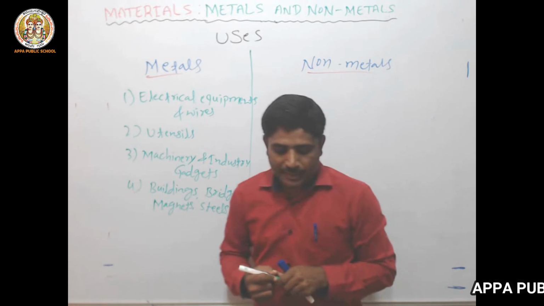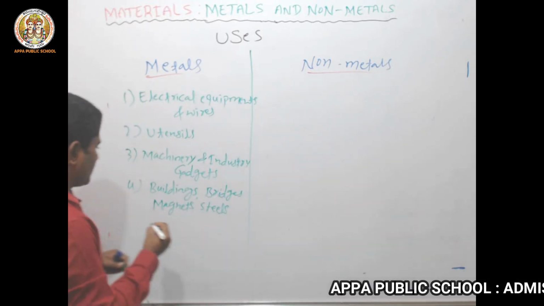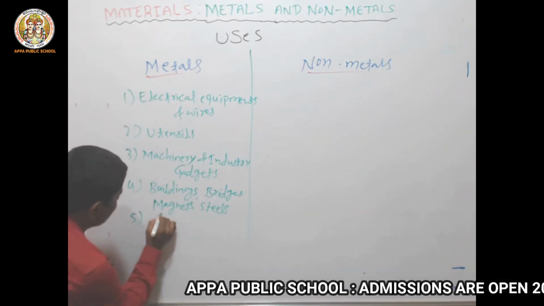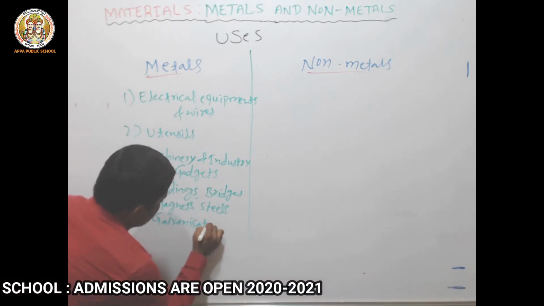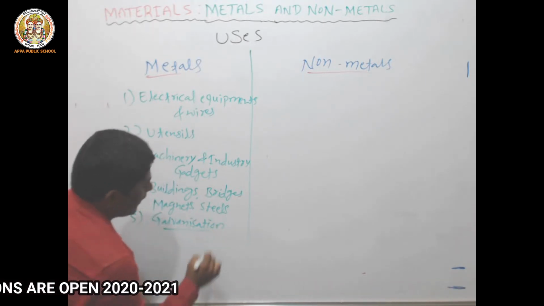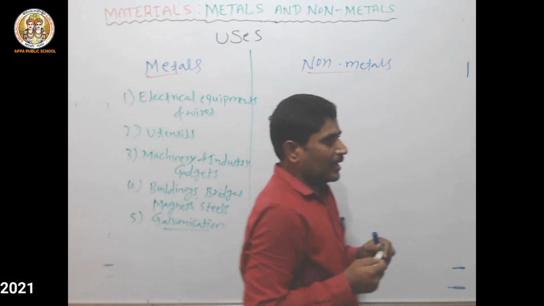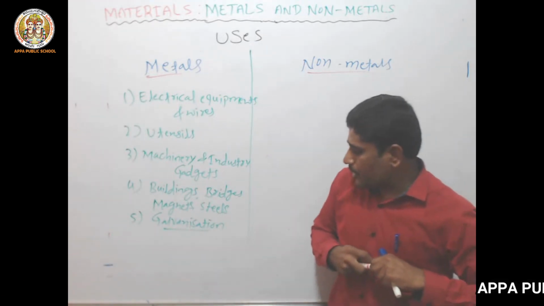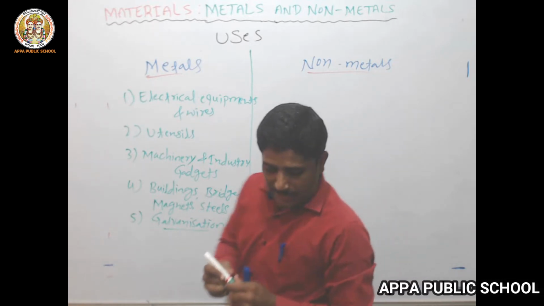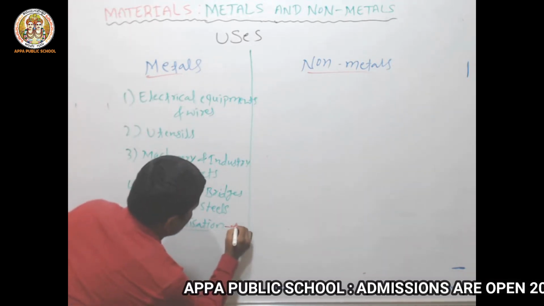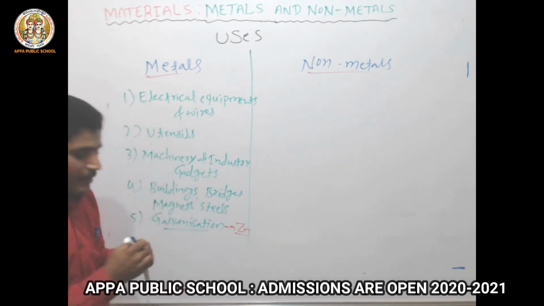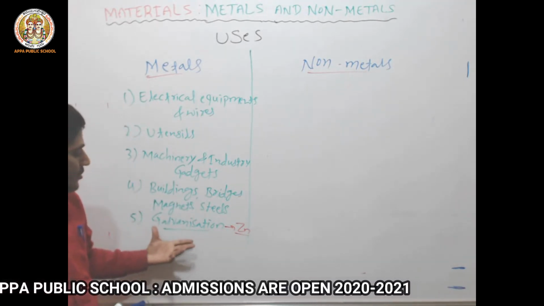Next point after that, fifth one, that is the galvanization process. Galvanization means especially we are going to use zinc metal here, to galvanize the metals, to prevent the rusting of iron.